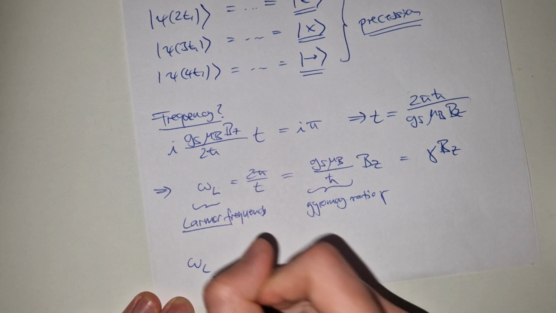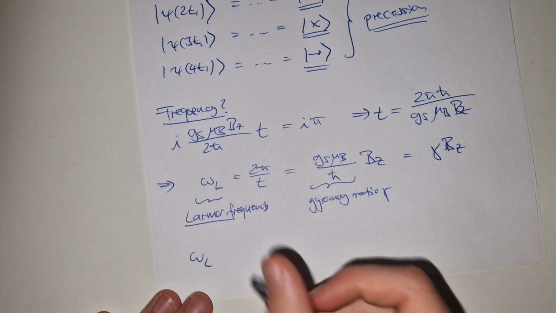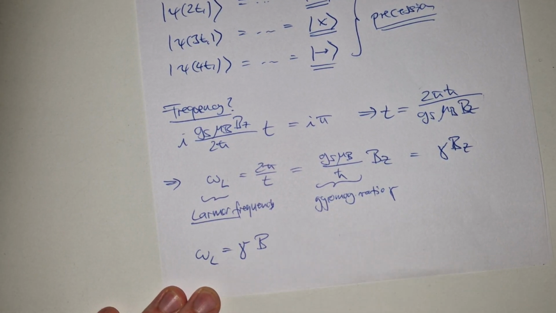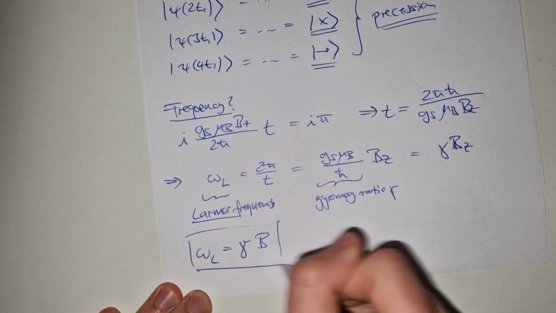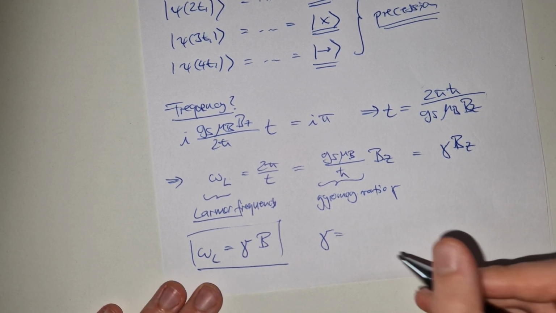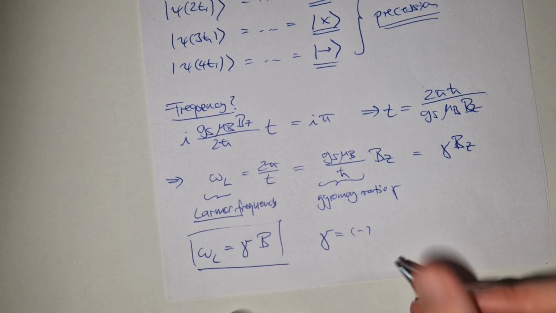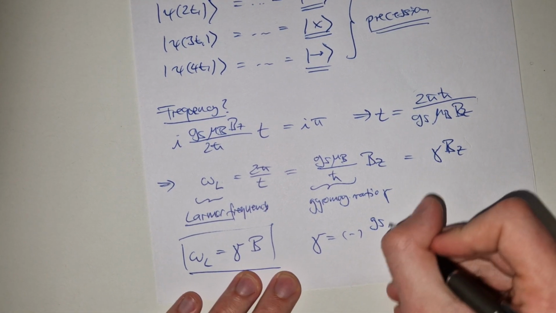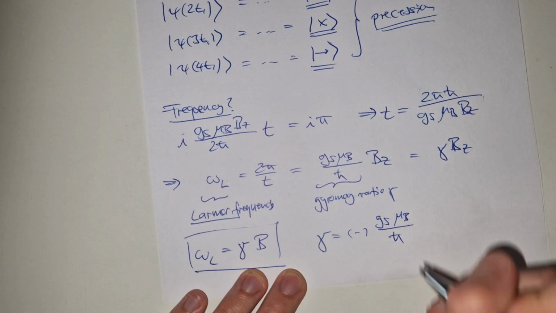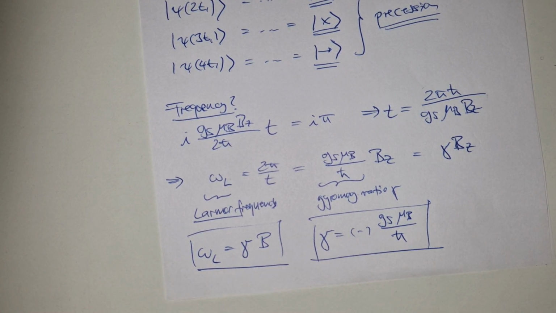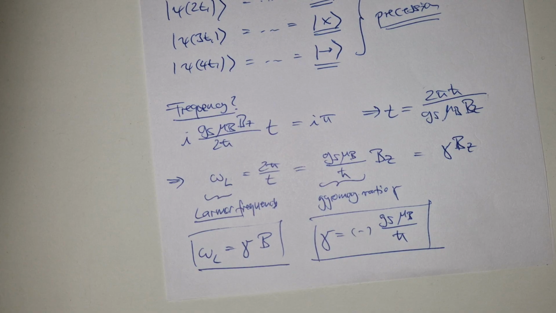So the Larmor frequency of a spin precessing in a magnetic field is gyromagnetic ratio times magnetic field strength. And this gyromagnetic ratio is given by, sometimes there is a minus, sometimes there's a plus, g factor, which is about 2 for the electron, times Bohr magneton divided by h bar. So loads of fundamental constants appearing in these derivations.